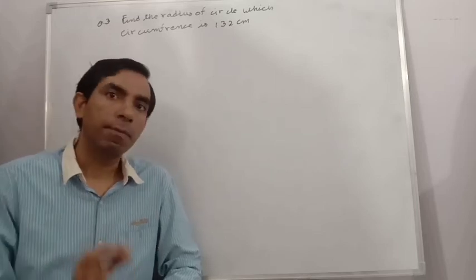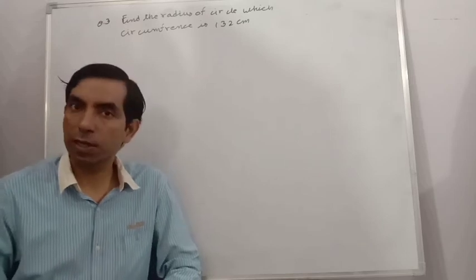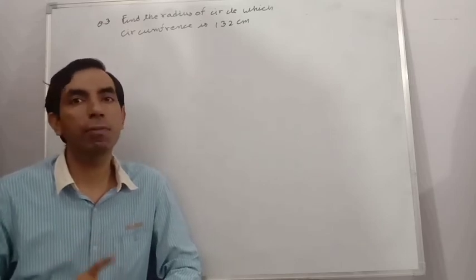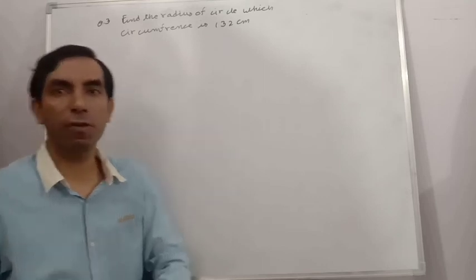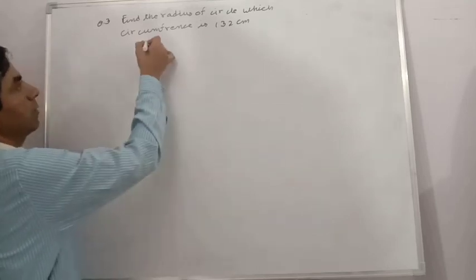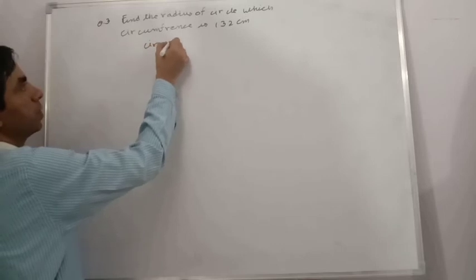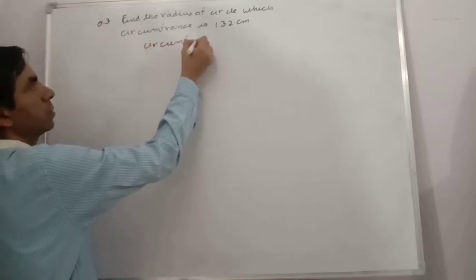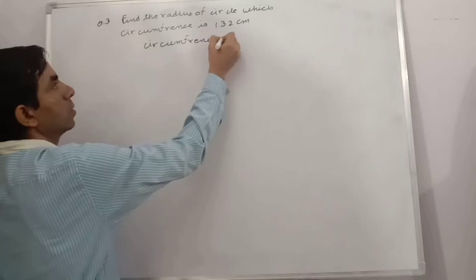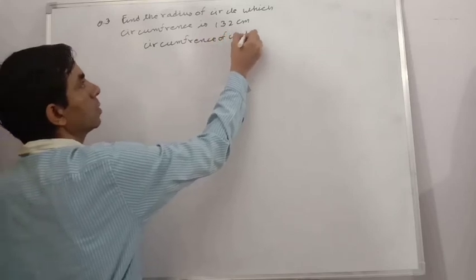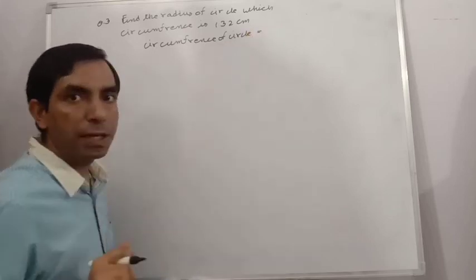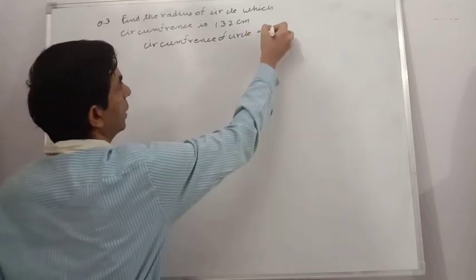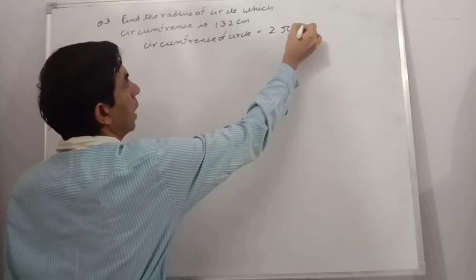Here we know the formula of circumference of circle, so first we use it. Circumference of circle is 2 pi r. So write the value 2 pi r.